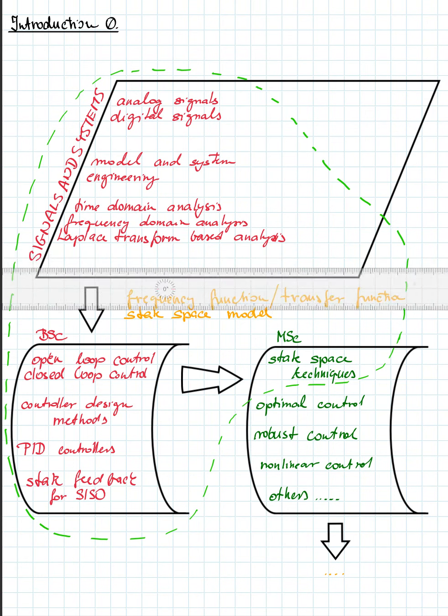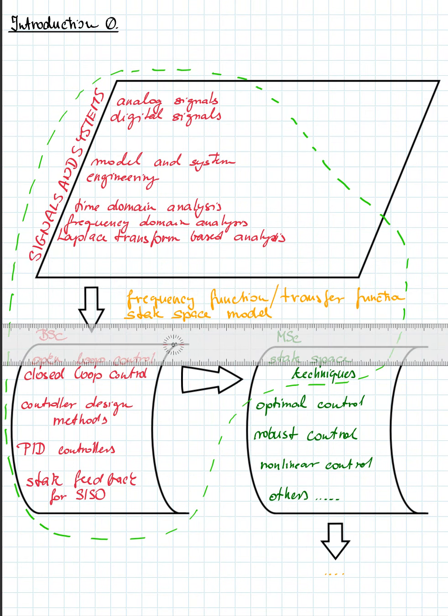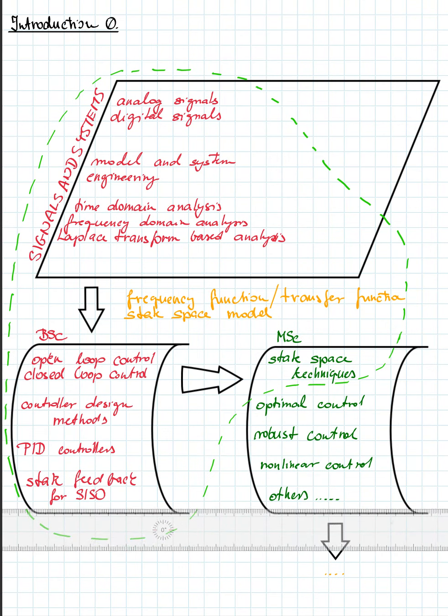After this, we have two important directions. The first is called the frequency function, or we can use the transfer function. This is one major block of control. And the second is based on the state space model. In the typical bachelor degree of sciences studies, we study the different control loops. We study what the control loop is, why we need control.